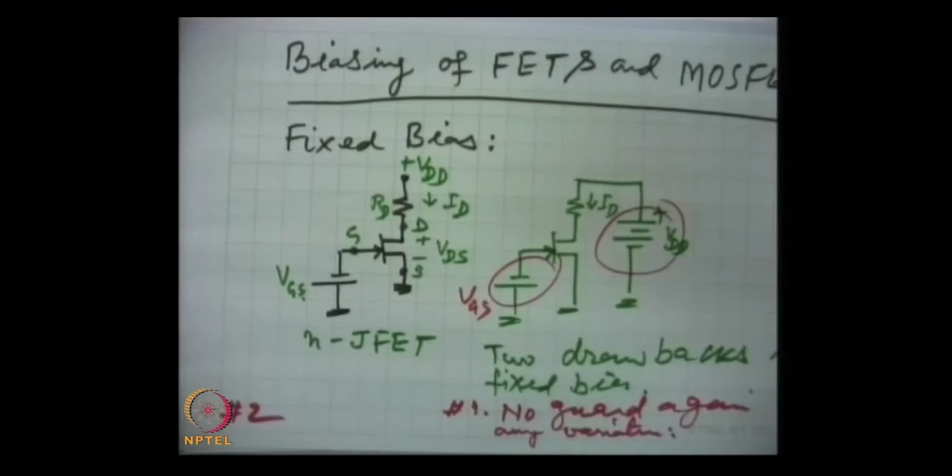This circuit I have drawn for N JFET. This can be shown for PJFET also, simply by reversing the sign of this battery.